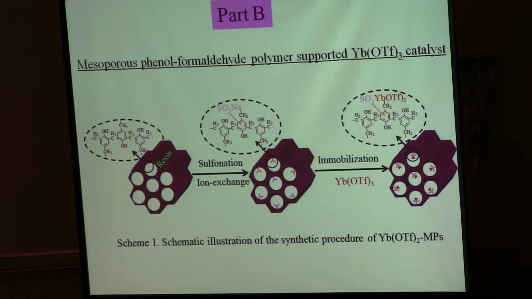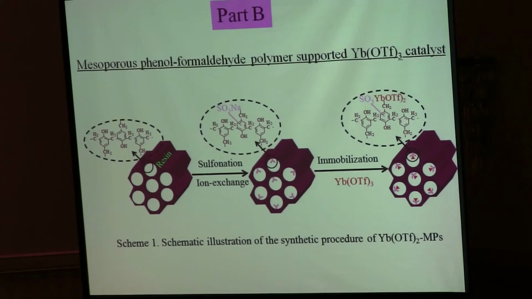After that, since the benzene bridged PMO is very expensive, we wanted to use a cheaper one. So we chose a phenol formaldehyde polymer resin to support the Lewis acid. We just transferred the benzene bridged silica to the benzene formaldehyde polymer. It's much cheaper, and we made it with a mesoporous structure.